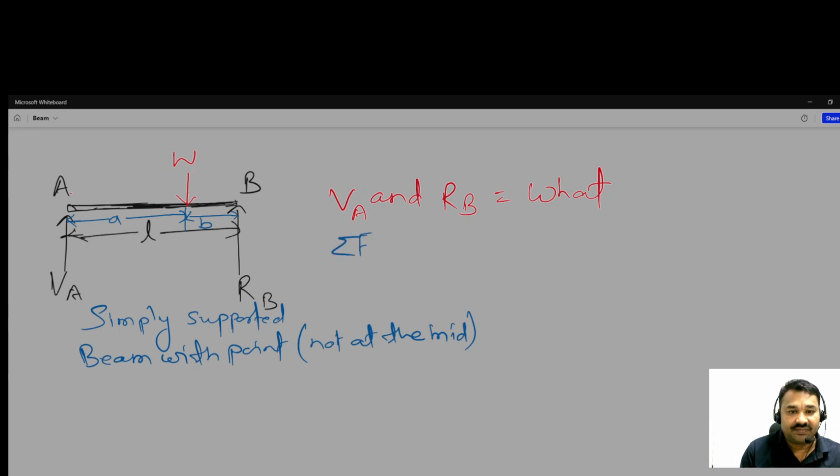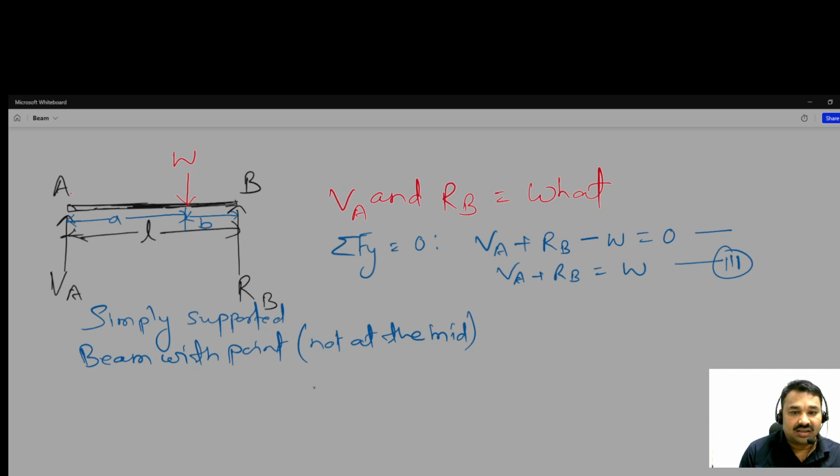Summation of Fy is equal to 0, and here we get VA plus RB minus W. So VA plus RB is equal to W. This is the same as the previous question when the load was acting at the mid, so this equation is the same. Let us give it equation number 3.